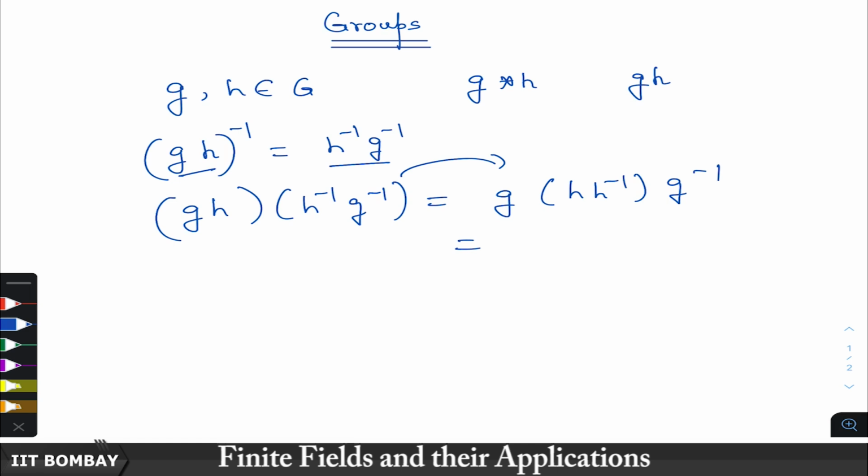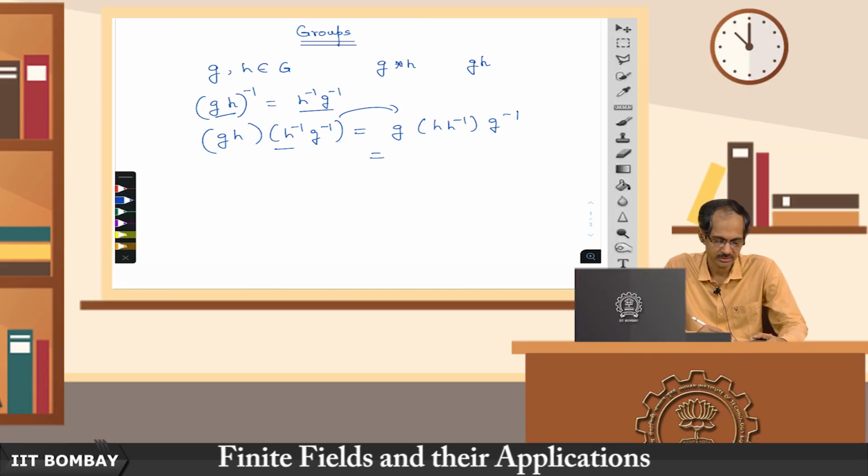Actually, you first take G H H inverse G inverse, and then you can further use associativity to write it as G times H H inverse and then G inverse, okay, and this is what I have written here.